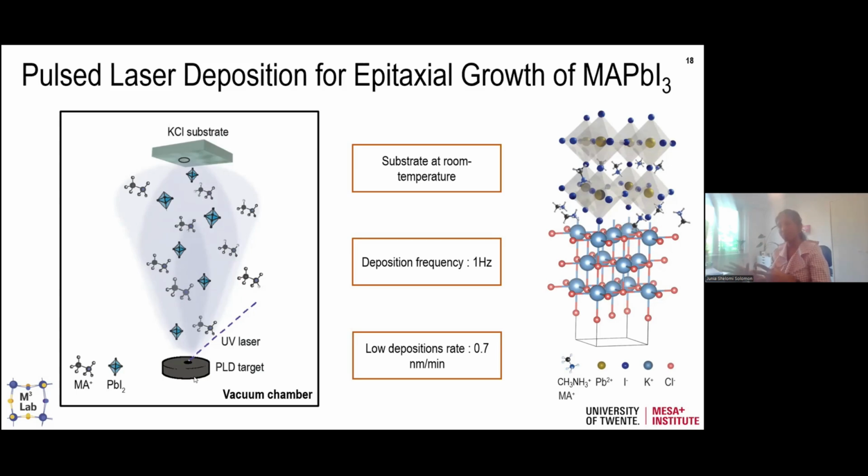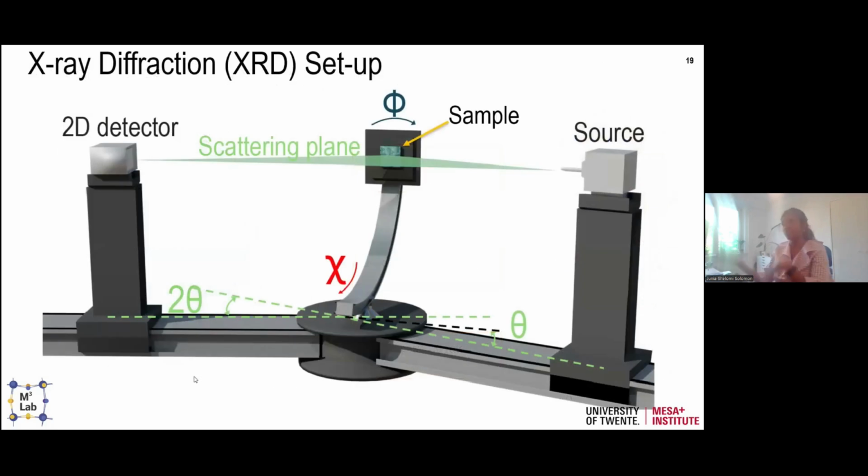So having grown the sample, we have to answer the question of whether we can use PLD and epitaxy to stabilize the cubic phase of MAPI. So we need to understand how the structure looks. So I take it to the XRD setup. And like any other XRD setup, you have the degrees of freedom where you can do the 2 theta omega scan and the omega scan.